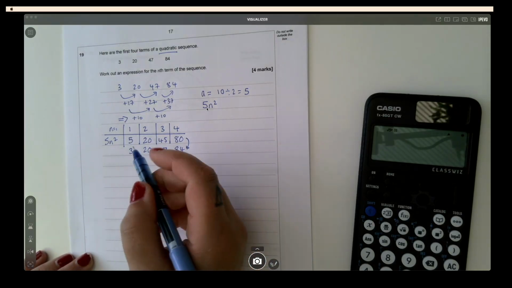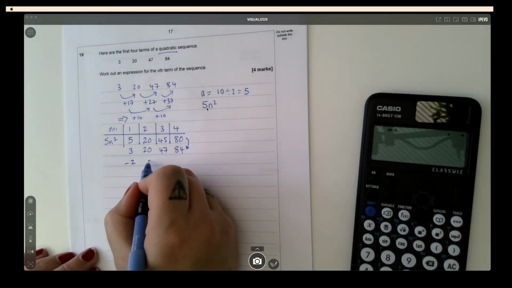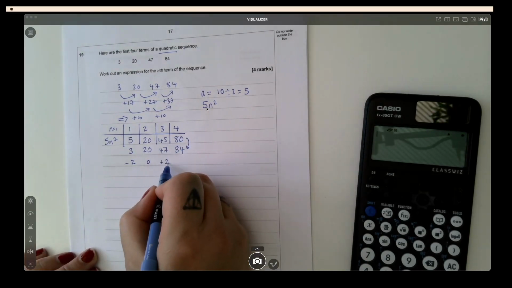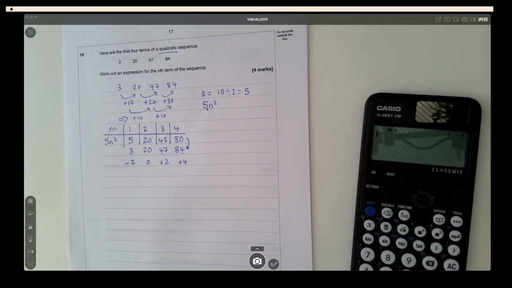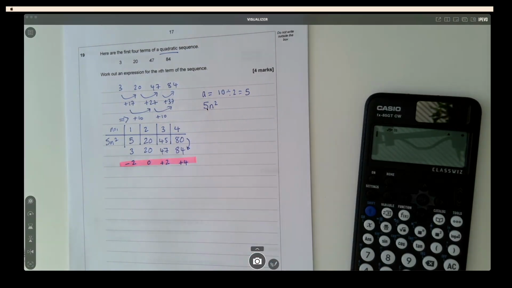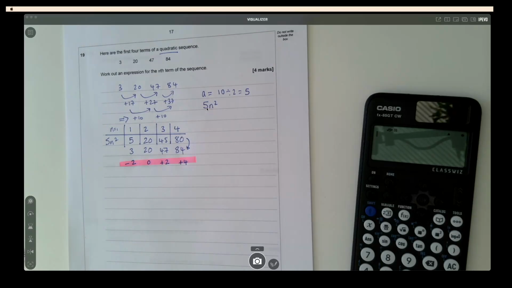From 5 to 3, subtract 2. 20 to 20, nothing. 45 to 47, we've added 2, and then 80 to 84, we've added 4. Now we're going to find the linear nth term for the differences between 5n squared and the sequence that we're trying to find the nth term rule for.